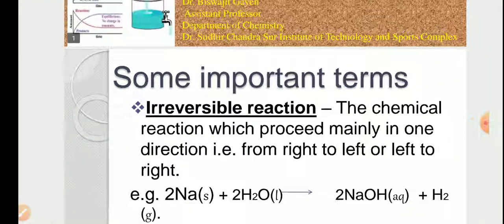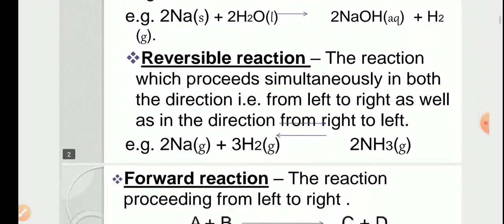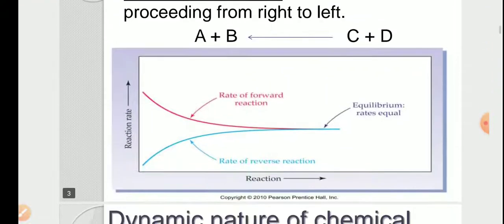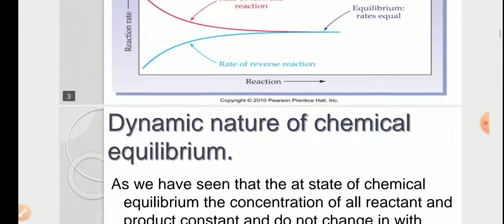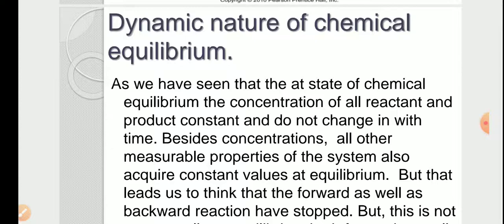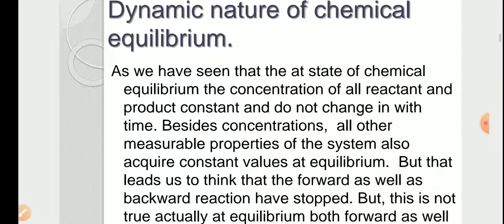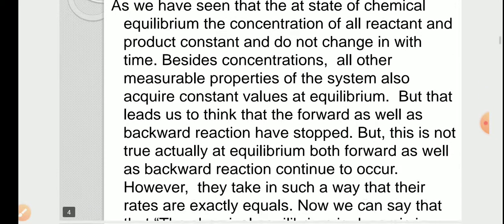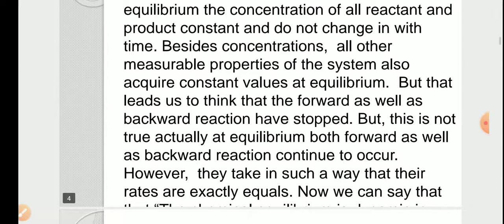This is similar for chemical reactions, like the formation of ammonia and others. As we have seen, at a state of chemical equilibrium, the concentrations of all reactants and products are constant. Besides concentration, all other measurable properties of the system also acquire constant values at equilibrium.